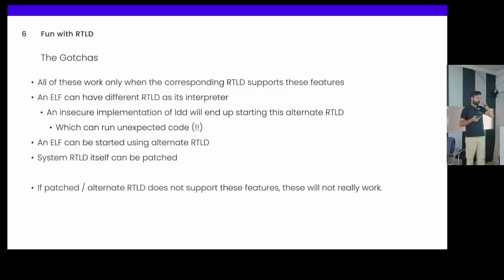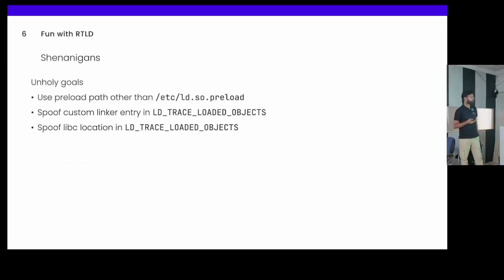So this RTLD part is basically figured out from the ELF parsing itself. That means that we can take some ELF, use some utility like patchelf, and specify some arbitrary other interpreter. So the same trusted binary will start with a non-trusted interpreter, and something fun will happen. And obviously we can do a supply chain attack and modify the system RTLD itself.